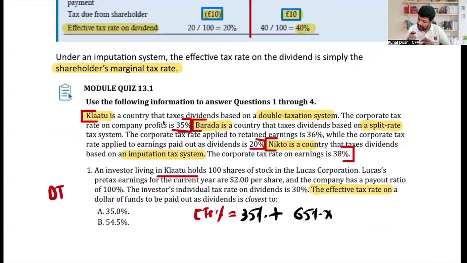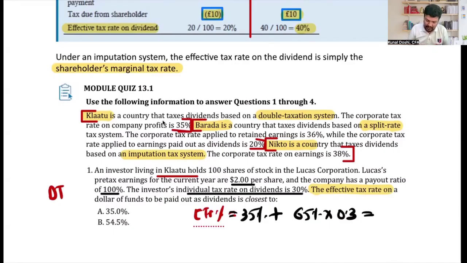Which tax rate, guys? Let's see. They have said the pre-tax earning is 2, and the company's payout ratio is 100%. The investor's individual tax rate on dividend is 30%. So let us see what our effective tax rate is now.